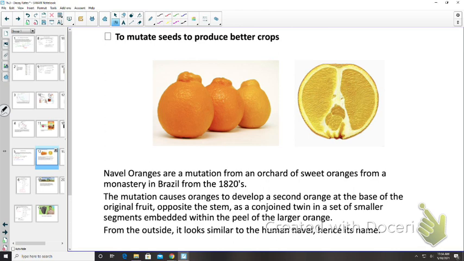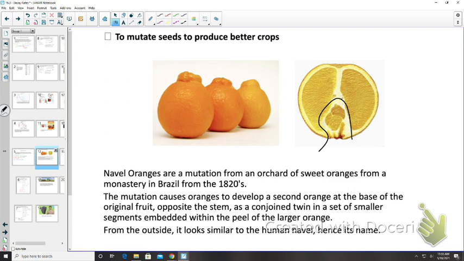So the mutation in navel oranges will cause these oranges to develop a second orange at the bottom of the original fruit. Essentially, it's like conjoined twins, right? From the outside, so this part right here is that second navel that is being developed in there, right?